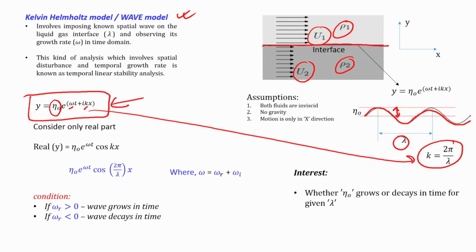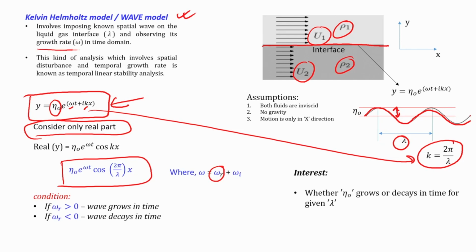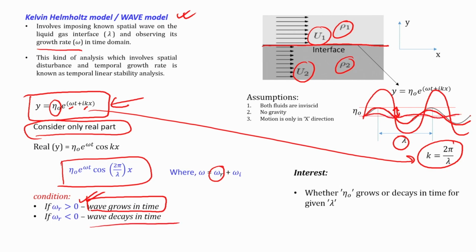Now, we consider only the real part of this. The real part of this omega is nothing but the growth rate of these perturbations. If this omega is greater than 0, this waviness on the surface grows with time, it will grow like this. If, however, this is less than 0, this will attenuate with time.